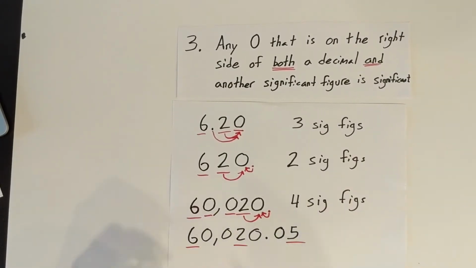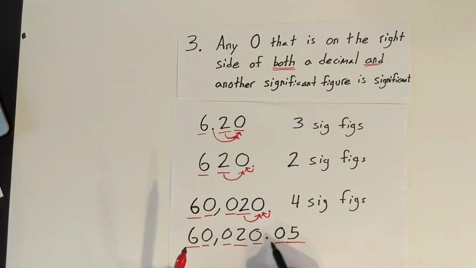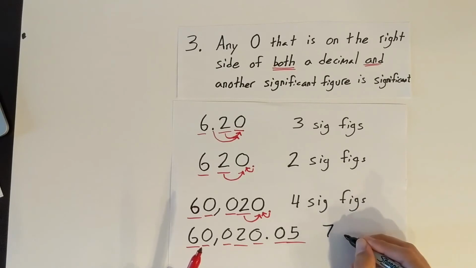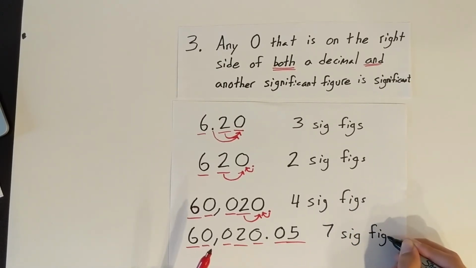So this one's a little more complicated, but again, we could just focus on the sandwich rule. If there are zeros in between 2 significant figures, they're all going to be significant. So 1, 2, 3, 4, 5, 6, 7 sig figs there.